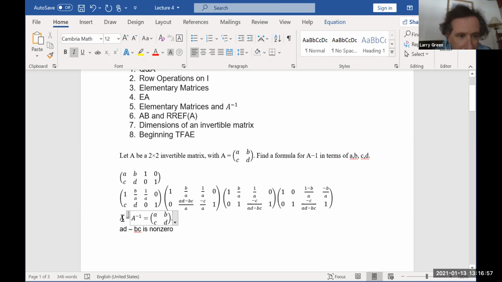That's better. So I need to find the inverse now. And the inverse, if you remember, the very last step in finding the inverse is the right-hand side. It's what's to the right of this left identity now. And that's that mess. Is it okay if I don't type it all? It'll take me a long time to type it. You okay with that? But it can be all typed out.